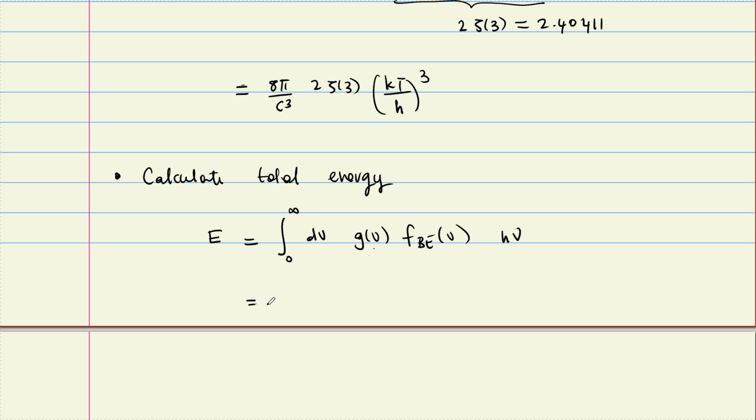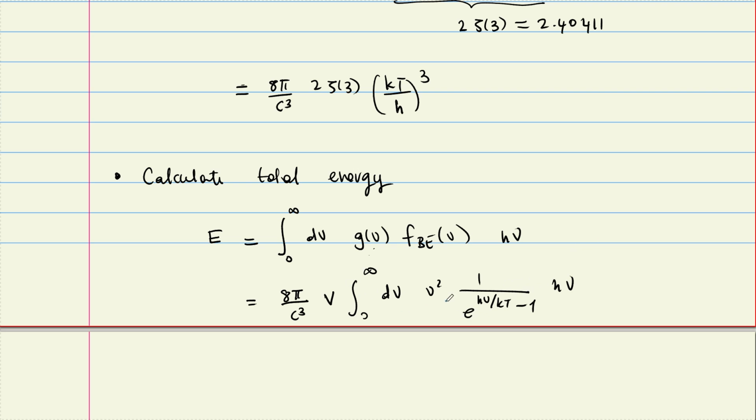And this one is going to be equal to 8 pi over c cube, there's volume, and I am summing from 0 to infinity, d nu, nu squared, 1 over e to the h nu over kT minus 1. And this is h nu.